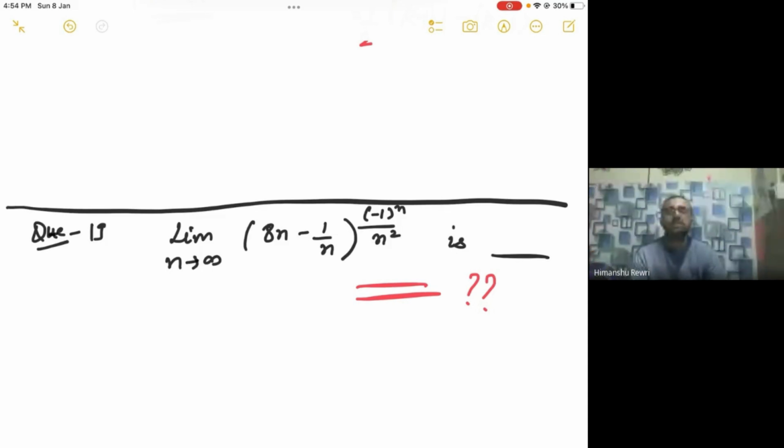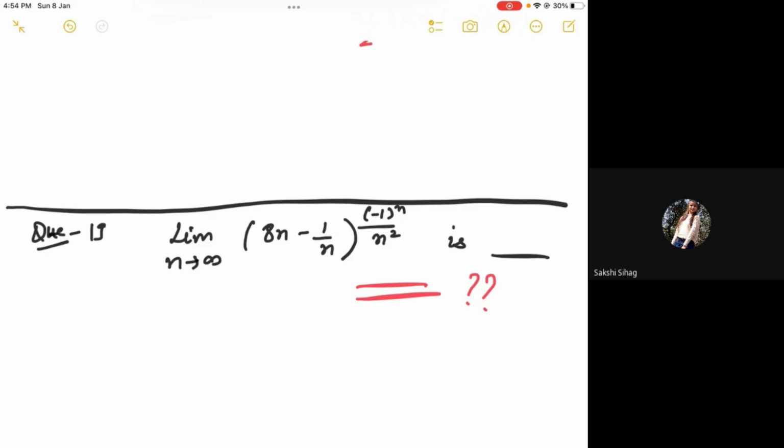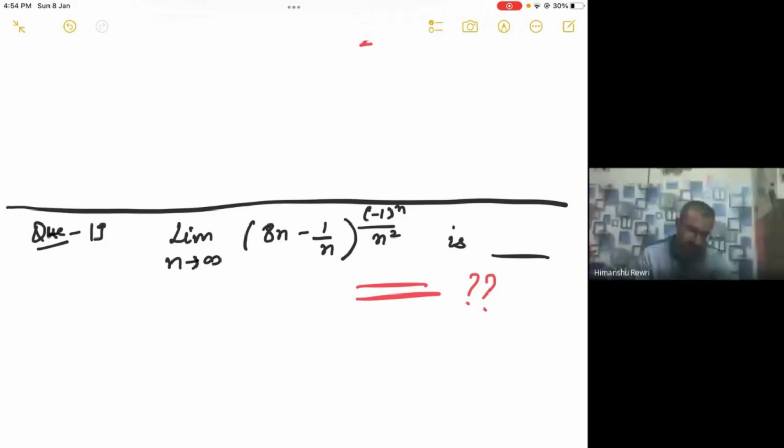What will be the limit of this? 8n minus 1? 1. Okay, so one answer is 1. What about others? How will you do it?